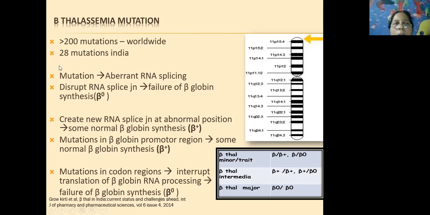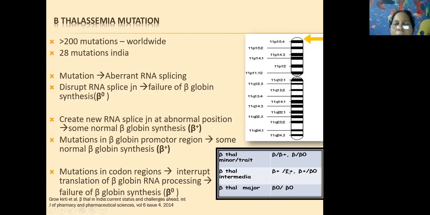So you see here, the beta thalassemia minor or trait, maybe one chain is normal, and the other is deficient, but some amount is present, like 50%, 60%. So beta plus, and here one chain is normal, but the other one doesn't have it. It is beta naught. Here both chains are present but deficient.